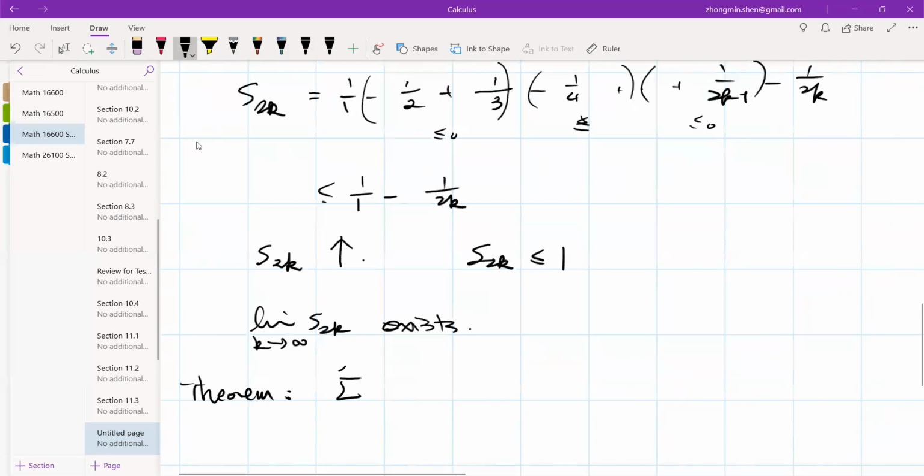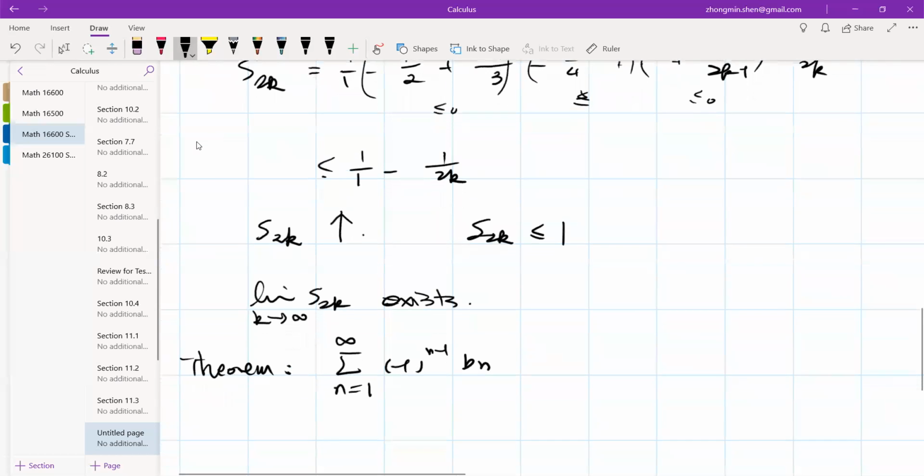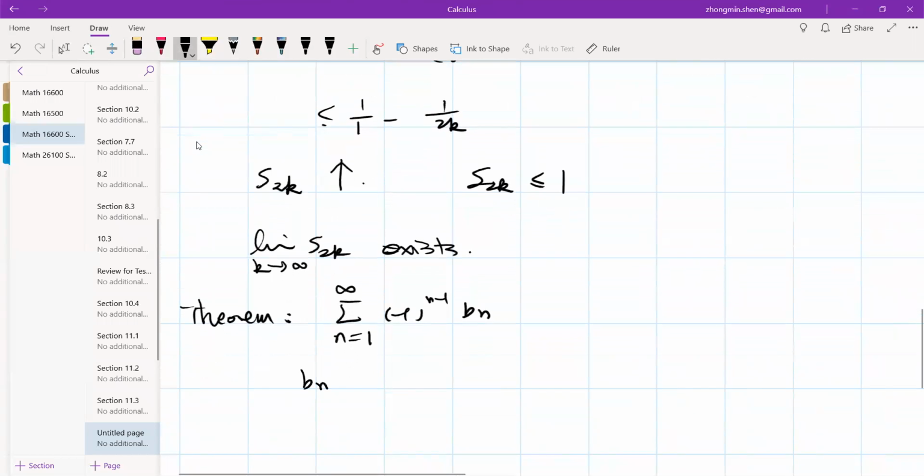We consider an alternating series, the sum of negative 1 to the n minus 1 times Bn. It can be in a more general form. Bn is positive, and Bn is decreasing to 0.